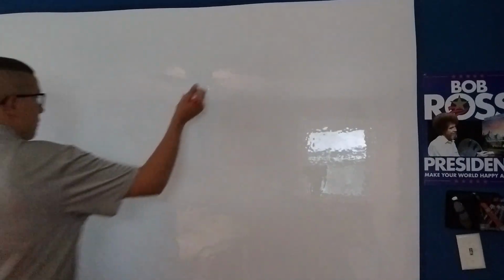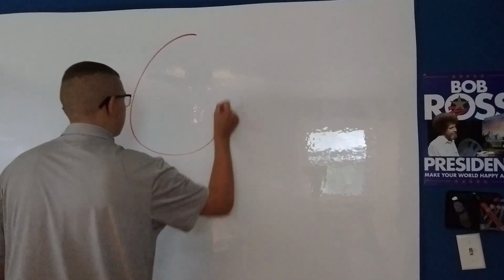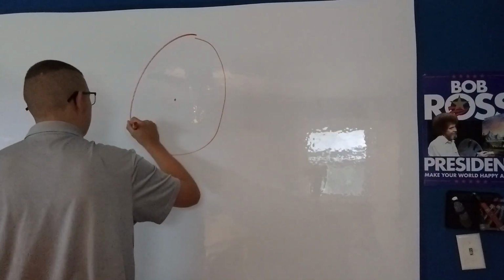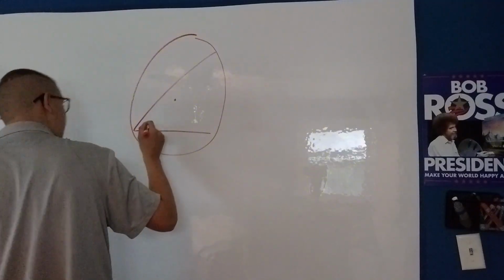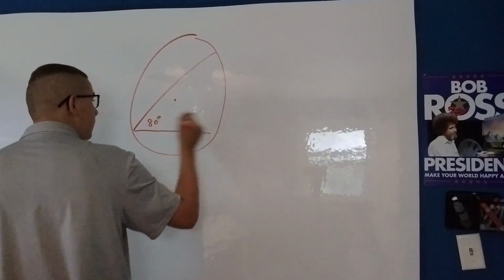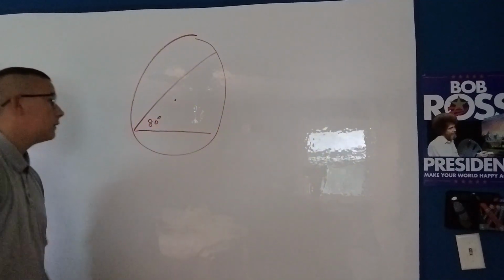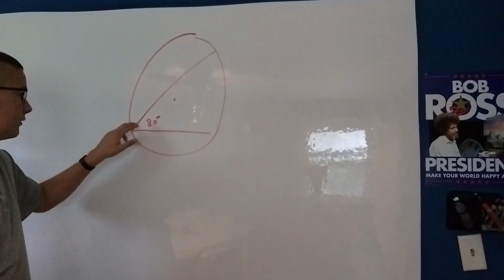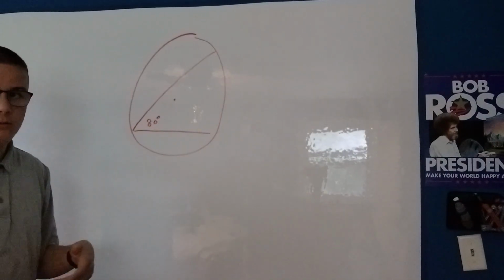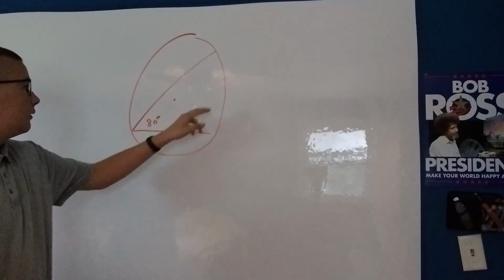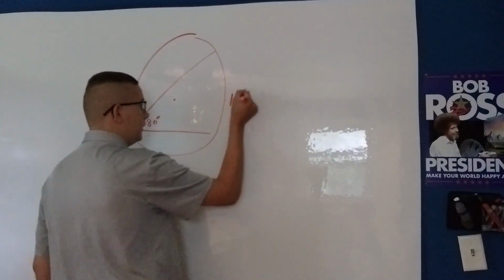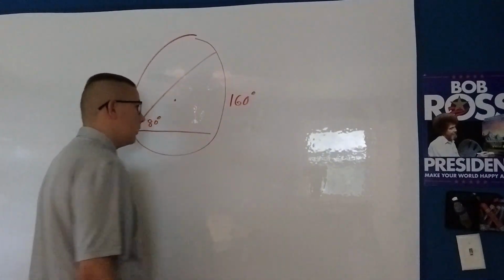If we have another one here, a circle, like this, I tell you that this is 80 degrees. And I ask for this arc, or not the length, but the angle. You know it's going to be twice this angle, so it's going to be 160 degrees, like that.